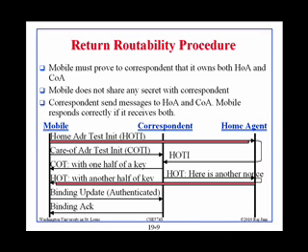And the correspondent does something similar. It makes a key, and sends half of the key directly, and the other half it sends to the home address, which is encapsulated and sent to the mobile. If you get both halves, then you have made the key.